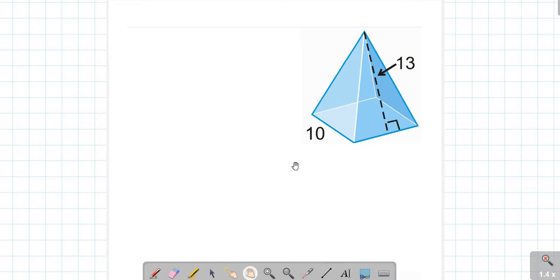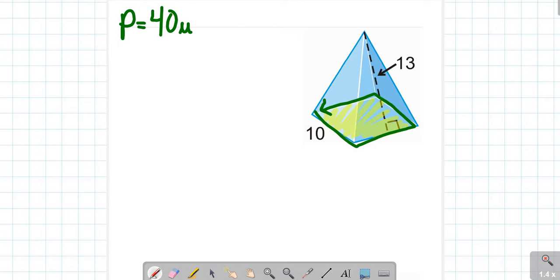Shade, trace, perimeter, base, equations. Circle, plug, chug. So again, we're assuming this is a square, even though there's no hatch marks. We shade, then we trace the perimeter of the base. So our perimeter here is 10 plus 10 plus 10 plus 10, which is 40 units.